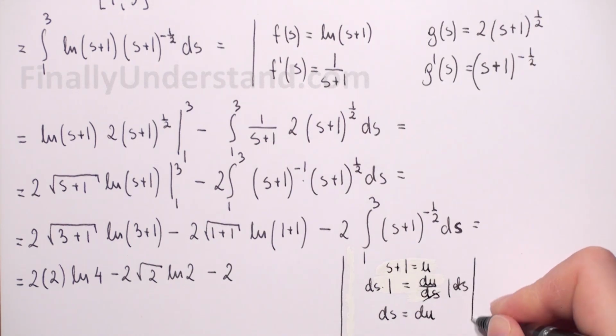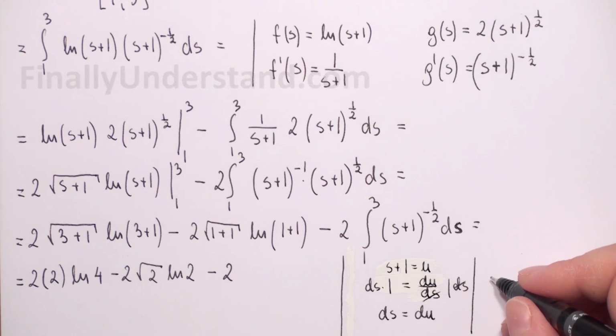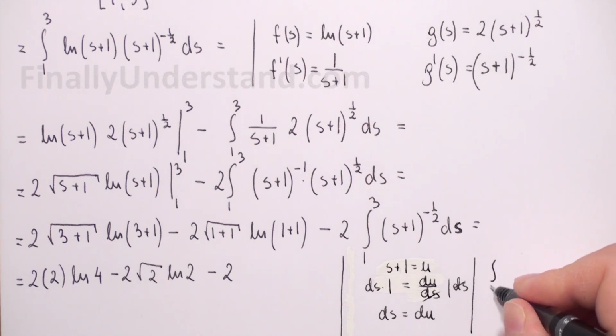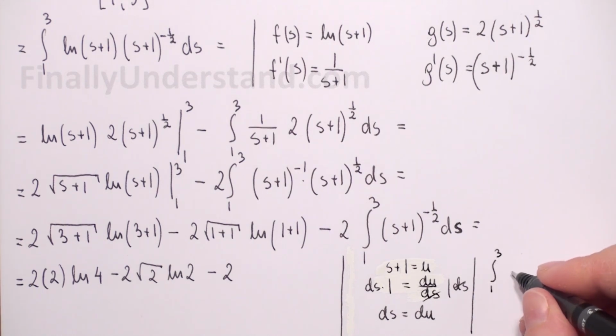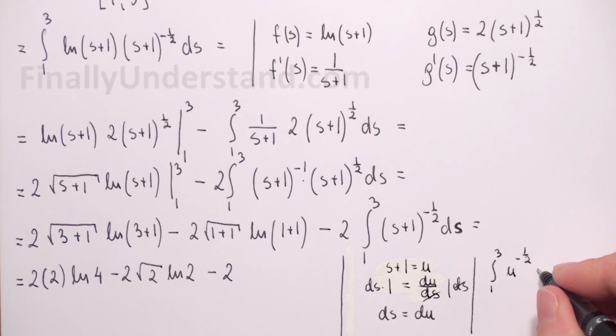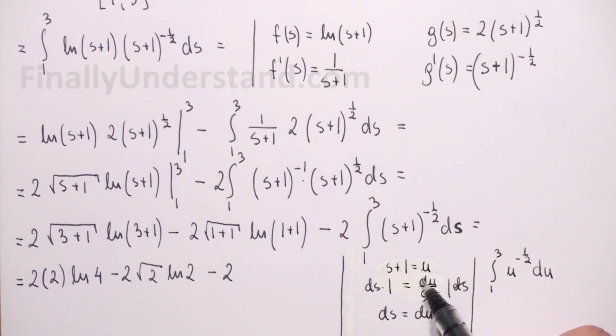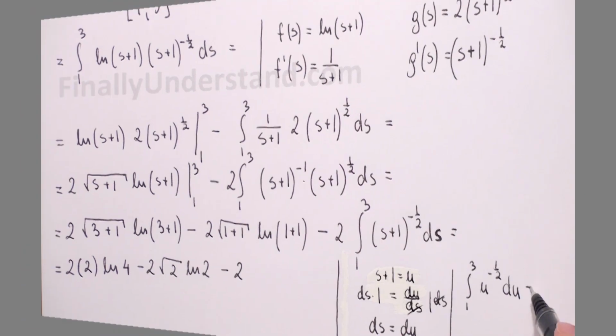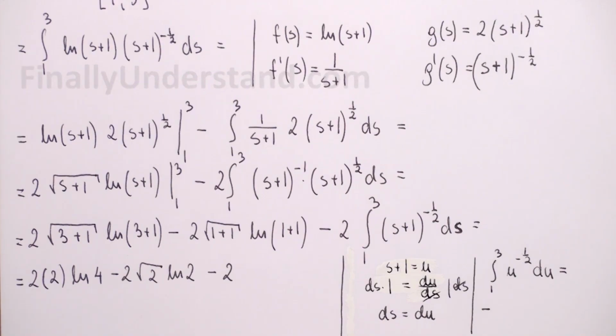So we will have integral from 1 to 3 of u to power negative 1/2 with respect to u. I just substitute s plus 1 by u and ds by du. So this is equal. Now we need to use integral of power function formula.